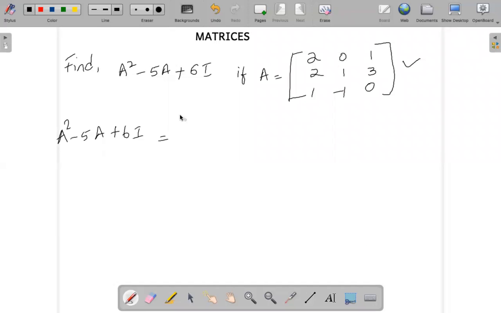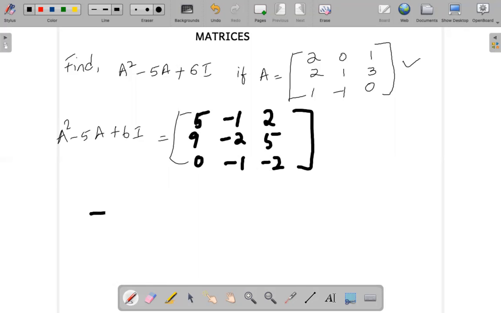So A squared is 5, minus 1, 2, 9, minus 2, 5, 0, minus 1, minus 2. Now plus minus 5 into A, which is 2, 0, 1, 2, 1, 3, and 1, minus 1, 0.